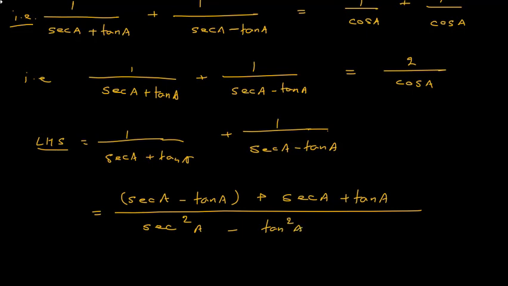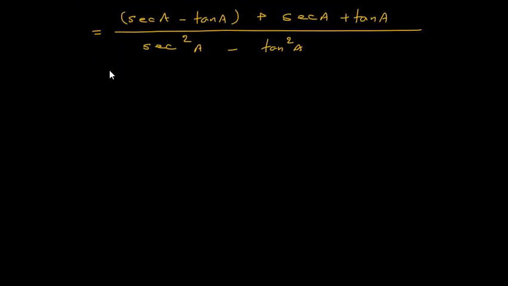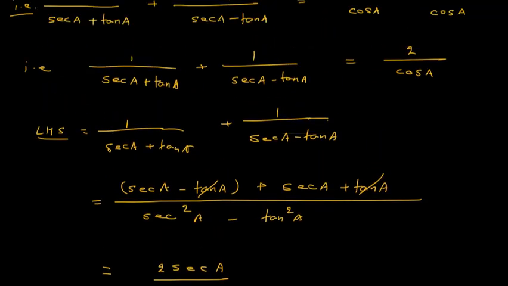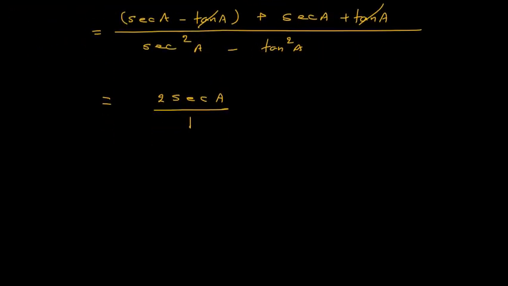So what is sec square a minus tan square a? Sec square a minus tan square a is 1, and in the numerator you see this minus tan a plus tan a will cancel. So you have 2 sec a upon sec square a minus tan square a is 1. So 2 sec a. Now 2 sec a can be written as 2 divided by cos a.